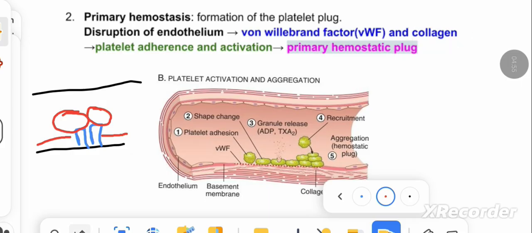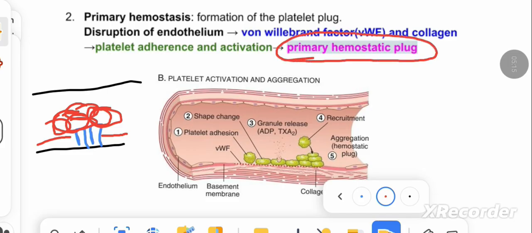So that connection will lead to activation as well as adherence of platelets. So we are going to have more platelets attaching to each other here, adhering and forming what we call a primary plug. So that is the second step, or the second event of hemostasis. Okay, it leads to formation of a primary hemostatic plug by platelet adherence only.